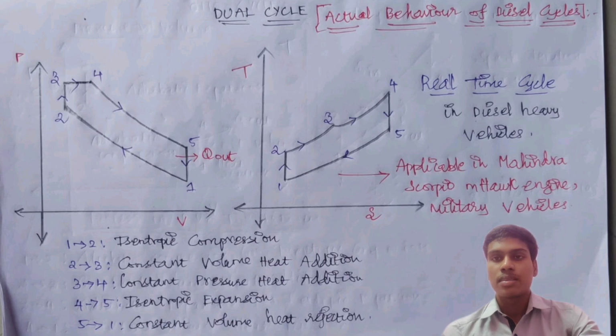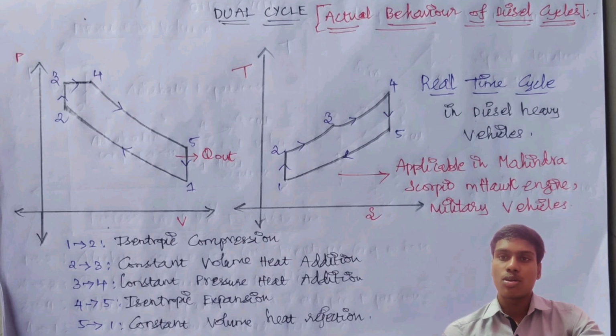The dual cycle is applied in practical diesel heavy vehicles. And then there will be isentropic expansion, and then constant volume heat rejection in the dual cycle. The same process is applied in the TS diagram also. In the TS diagram, the axes are temperature and specific entropy. Entropy, as already said, is a measure of randomness, and specific entropy means it is with respect to unit mass.